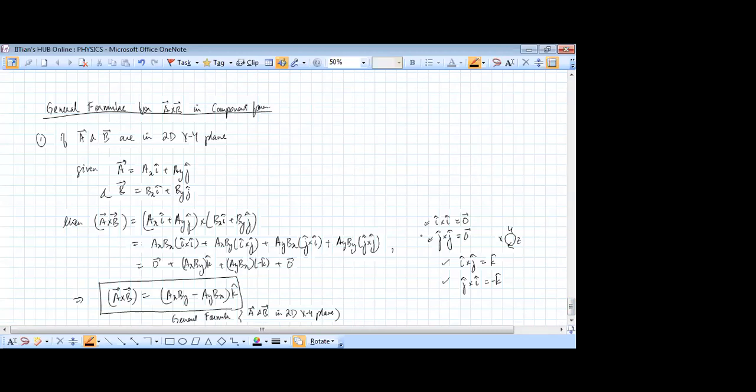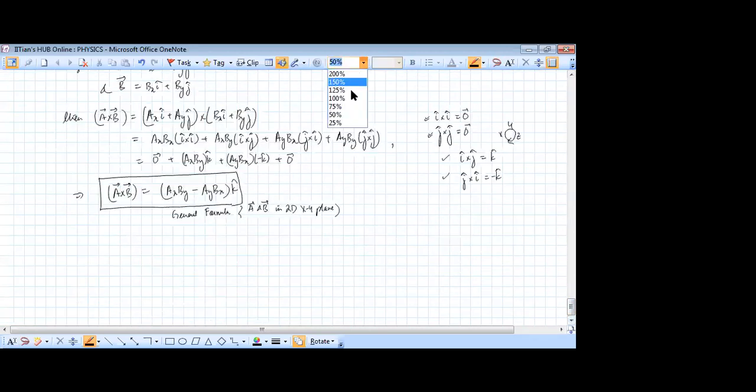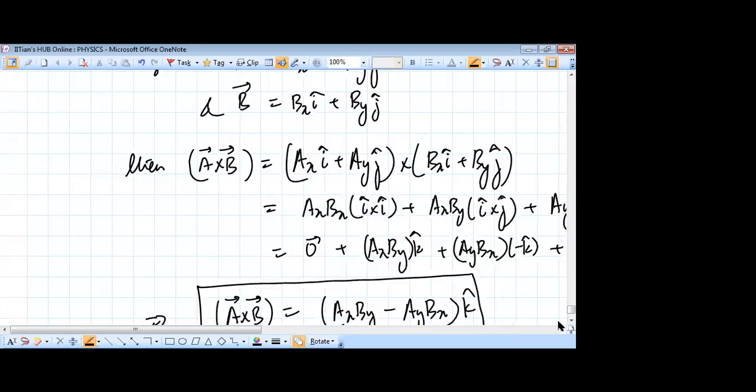Okay, now there's an easy way to relate this formula or remember this formula. Shortcut method to remember this formula is like this.